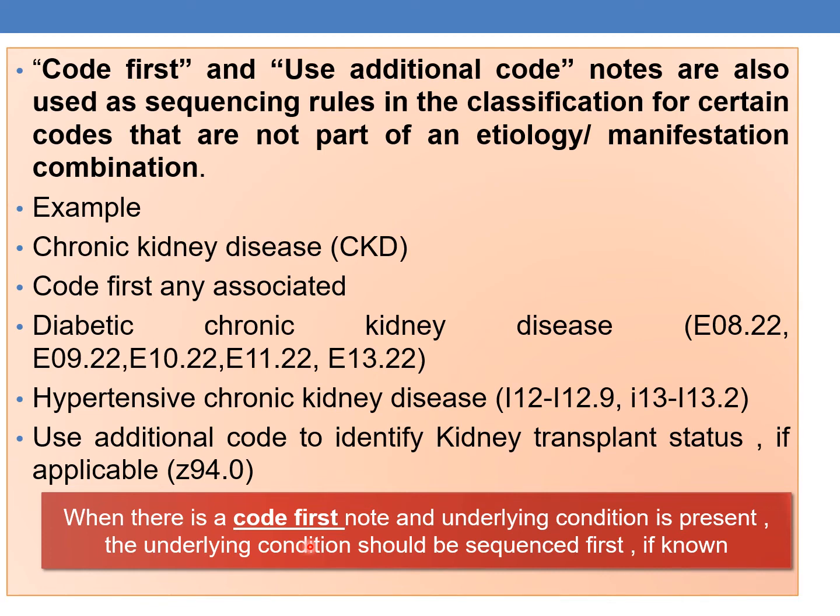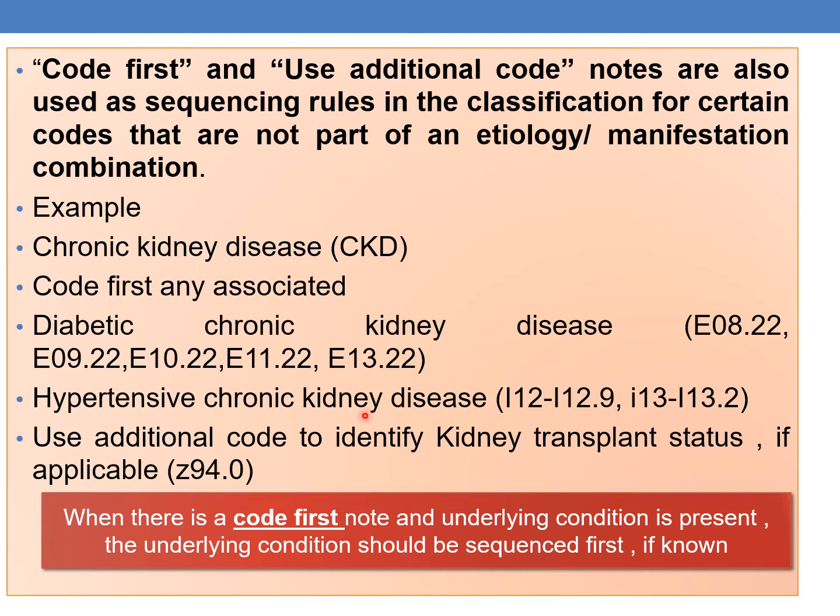Where there is a code first note, the underlying condition is present and should be sequenced first if known. Here, CKD is not a manifestation of diabetes, but CKD can coexist with diabetes. So under CKD, you find code first any associated condition like diabetes or hypertensive chronic kidney disease.